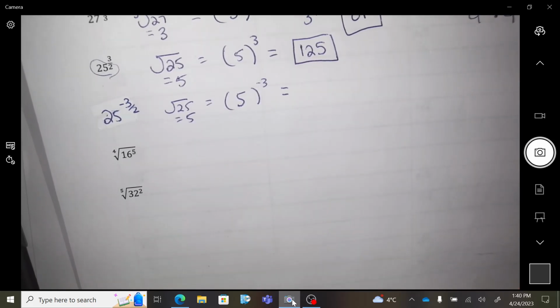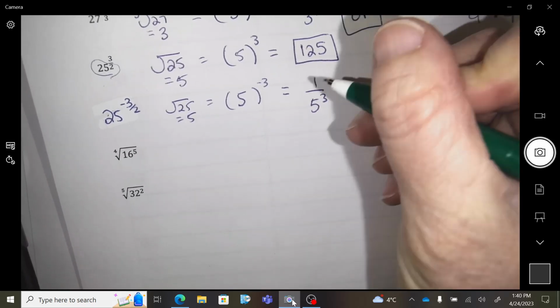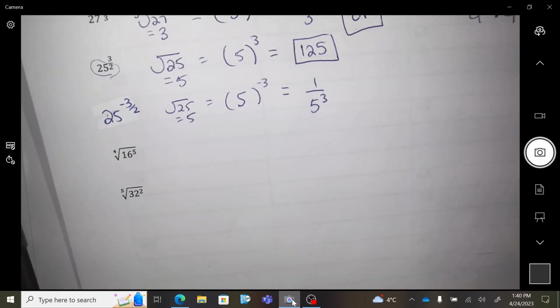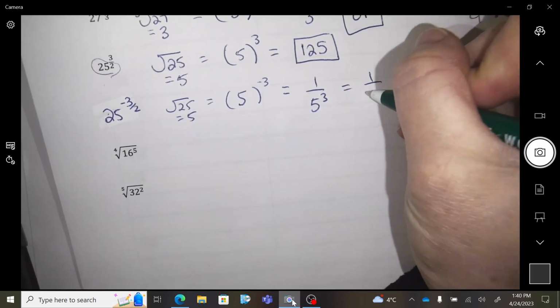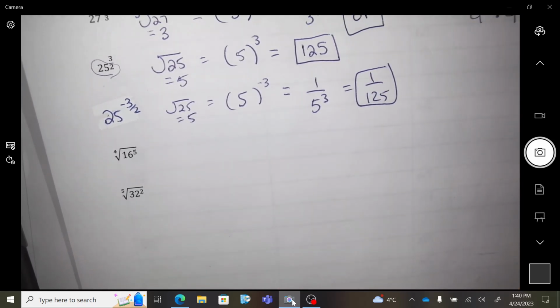Then I have to remember what happens to negative exponents. Flip. So 1 over 5 cubed. So what's the difference in this answer versus last? It's a fraction. Last time was just 125. This is 1 over 125.